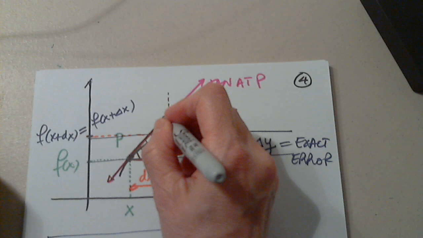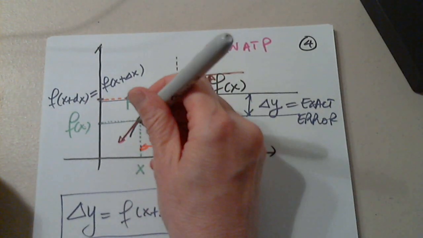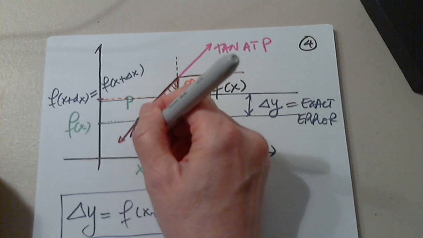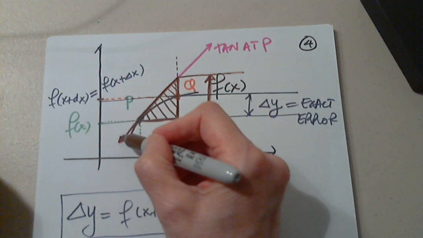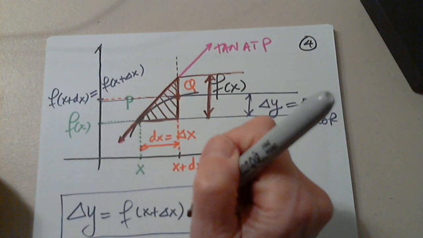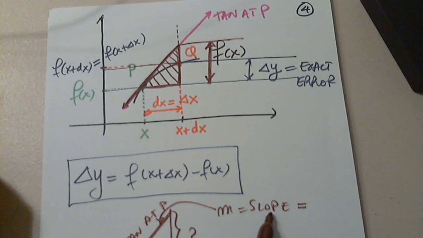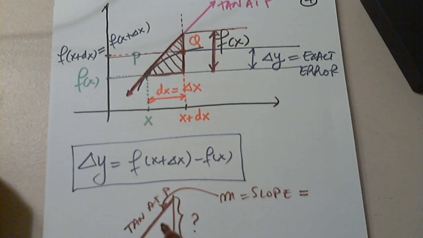I only need now the slope of this line. Keeping in mind that x of P is x. Can anyone tell us what is the slope of this line at P? What does the slope of the tangent at P equal to? Anyone remembers? How did we find the slope of the tangent at P, at any point?